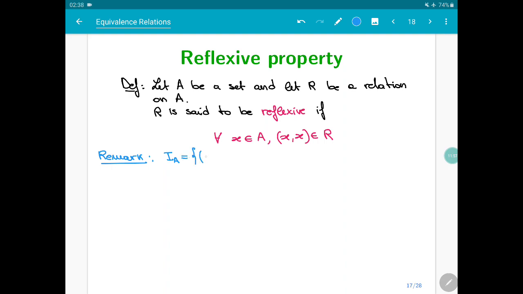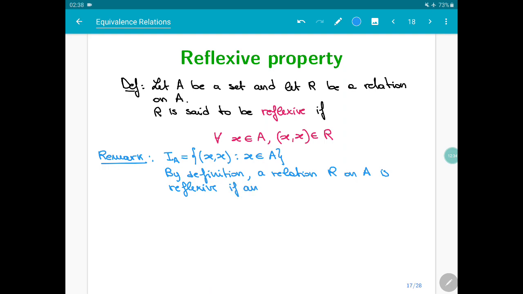This is given by the pairs (x, x) such that x belongs to A. So, by definition, a relation R on A is reflexive if and only if R contains the identity relation, so if and only if I_A is contained in R. Okay?